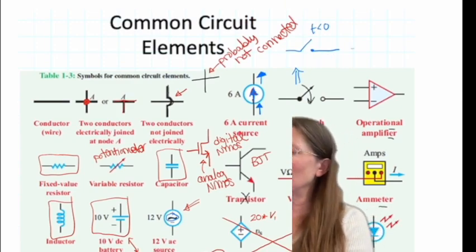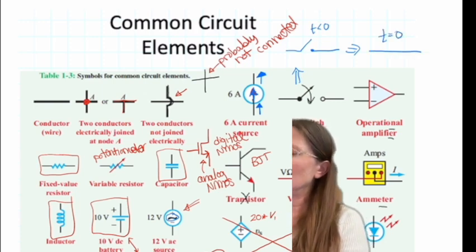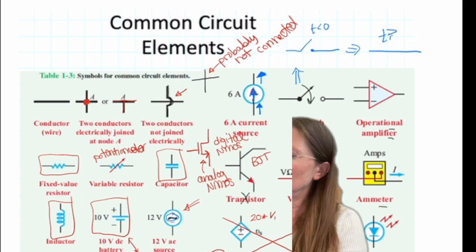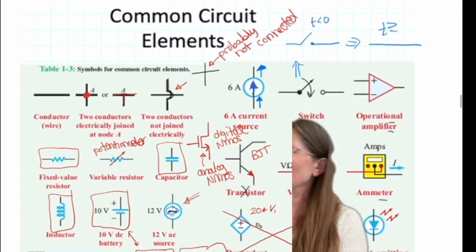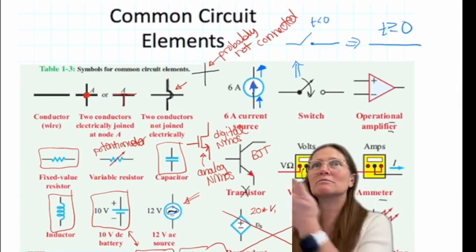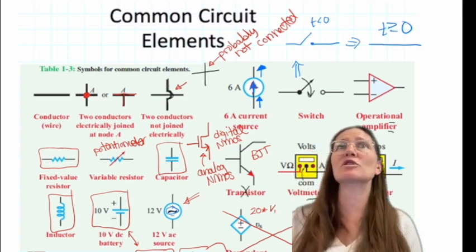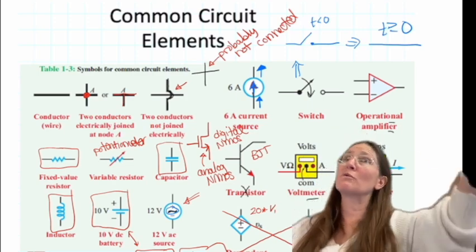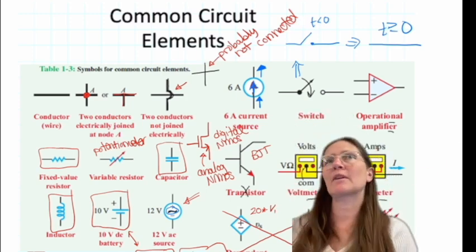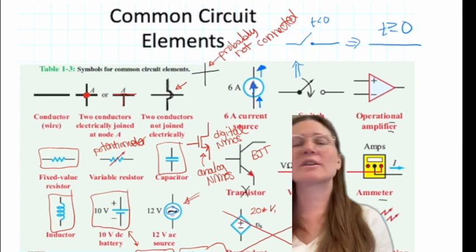Okay, so time less than 0, it's open, and at time greater than or equal to 0, it's going to be connected as just a connection there. So that's what the switch will look like. You'll have two different circuits that you'll draw when you see a switch, one before the switch element happens, and then one after it happens. We'll go over that when we reach the switch itself, but note that that's there.